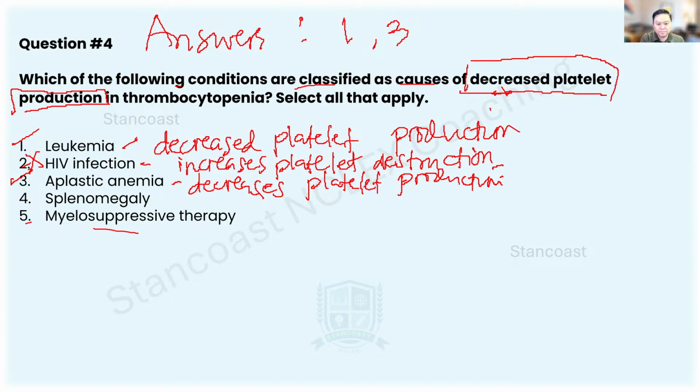Myelosuppression reduces the platelet. We have Aquila, I'm sorry, I mispronounced your name. Myelosuppressive therapy can decrease or reduce platelet production.